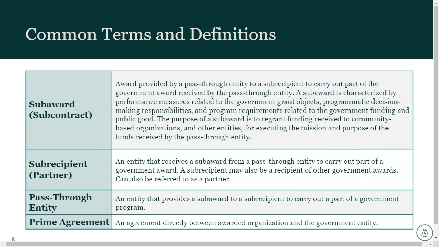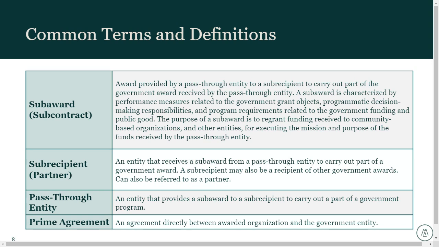Let's talk a little bit about those common terms and definitions that I said we would go over. We're going to talk a little bit about subawards, which in some organizations may be called a subcontract. That is a grant or a contract that is provided to another entity through a pass-through.